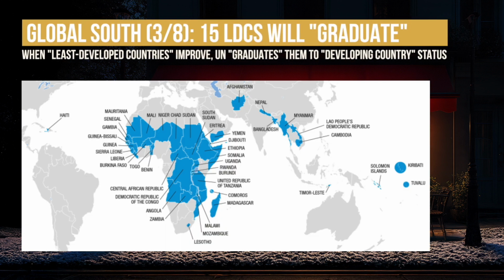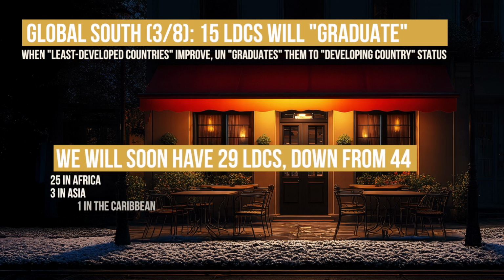15 countries are expected to graduate to developing country status in the next couple of years or so. Yes, that's how they classified it. At the bottom are LDCs, and if you graduate from that, you become a developing country. So unless anything unexpected happens, we will have roughly 29 LDCs soon.